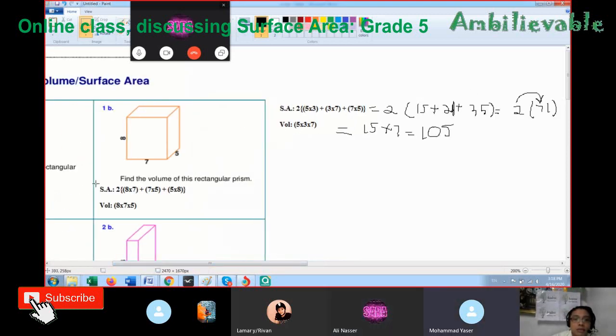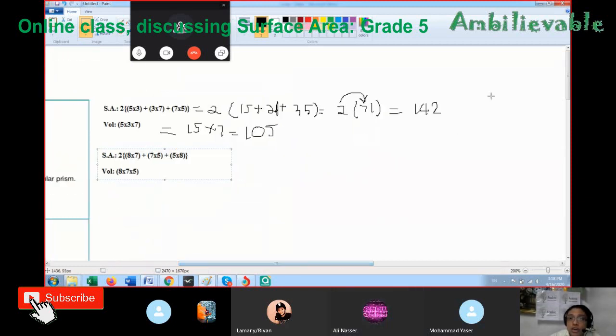Now, what about this one? Surface area is different from the volume? Yes, because surface area is only squared while volume is cubic. So here you are going to have 142 squared, while in volume, you have cubic.